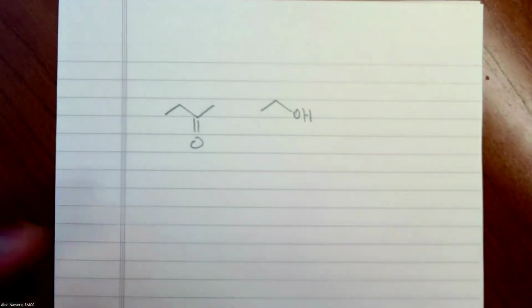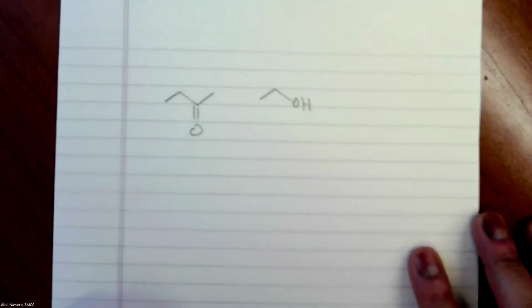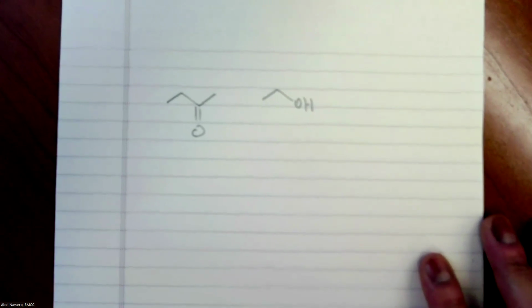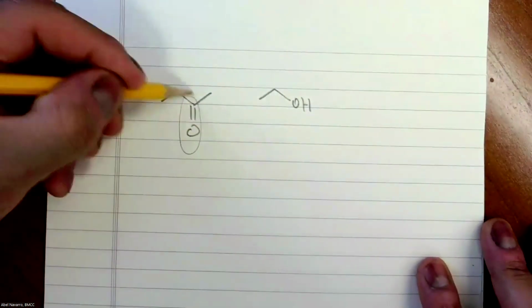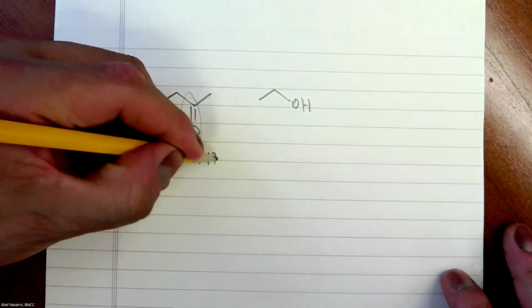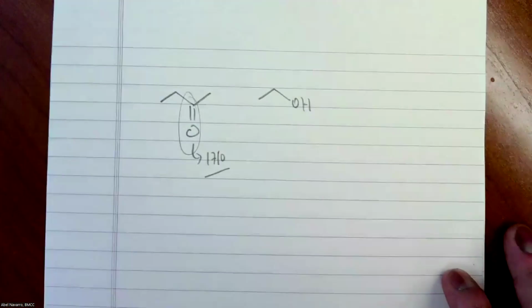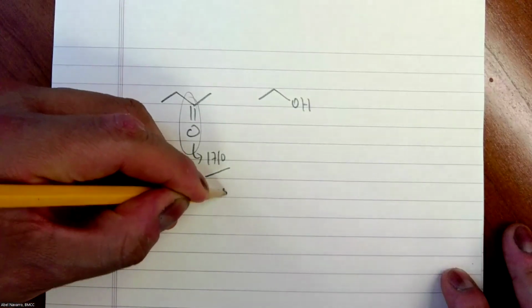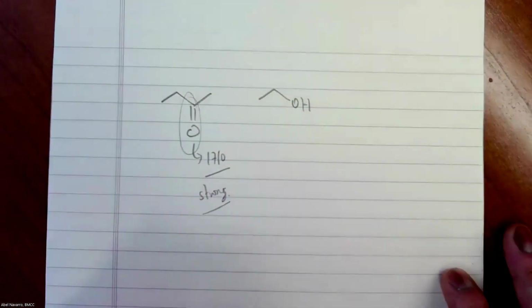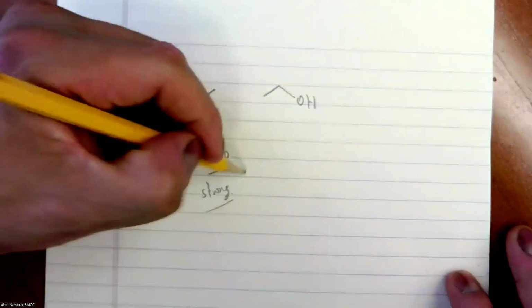So let's say that you guys have, how will you use IR to distinguish between those two molecules? Okay, so you asked me that. Here I would expect to see a peak around 1710, strong and medium width, right?